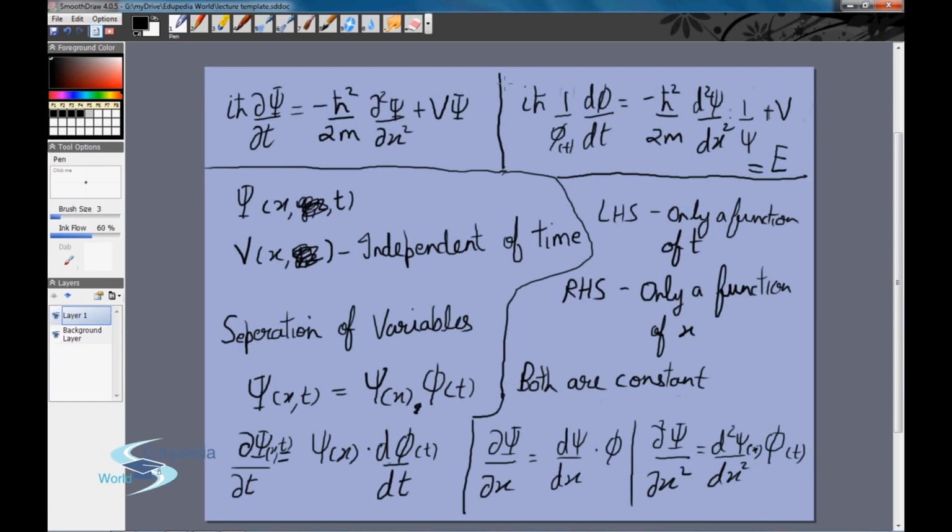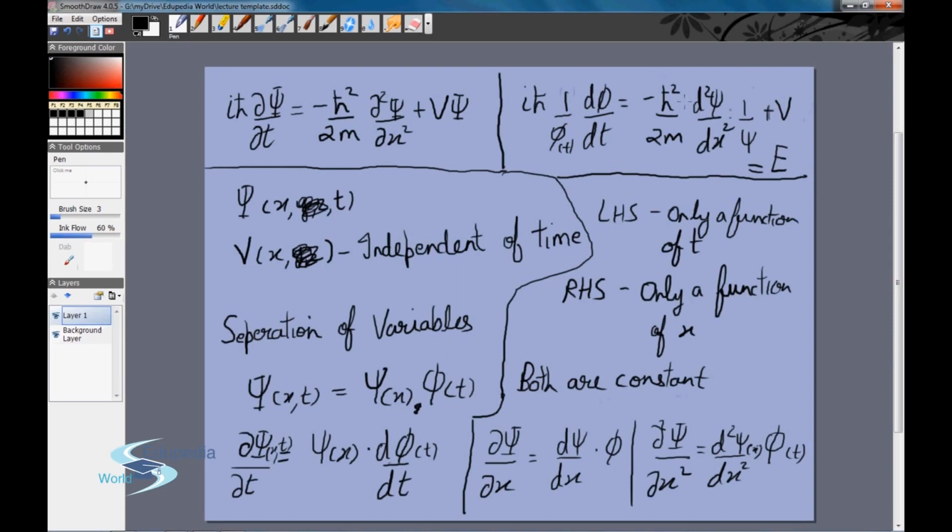So this is our ultimate equation. Iota h 1 by phi d phi by dt is equal to minus h square by 2m d2 psi by dx square into 1 by psi plus v, and both sides are equal to E. Now notice that we've gotten a time-independent equation here.